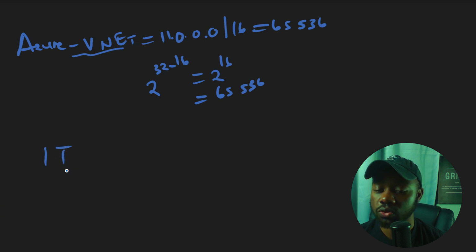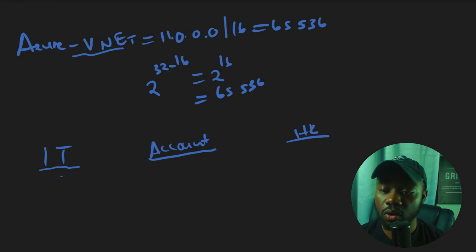Say I want to create a subnet for the IT department, one for my accounting department, and maybe one for HR. The reason we want to create these subnets is so that the IT department uses its own network portion, the accounting department uses its own portion, and HR has its own network access.